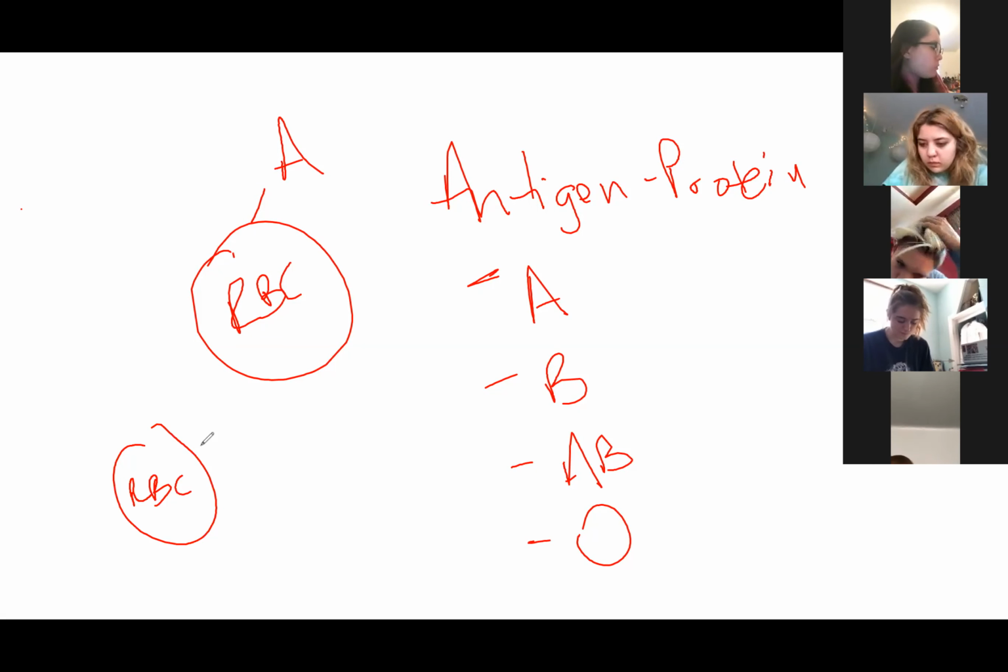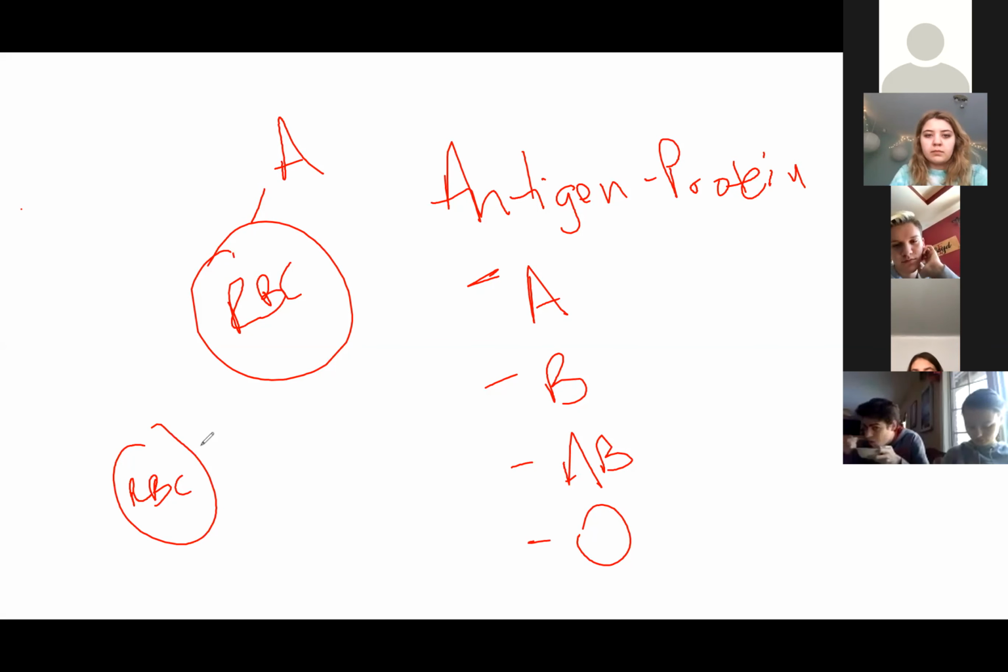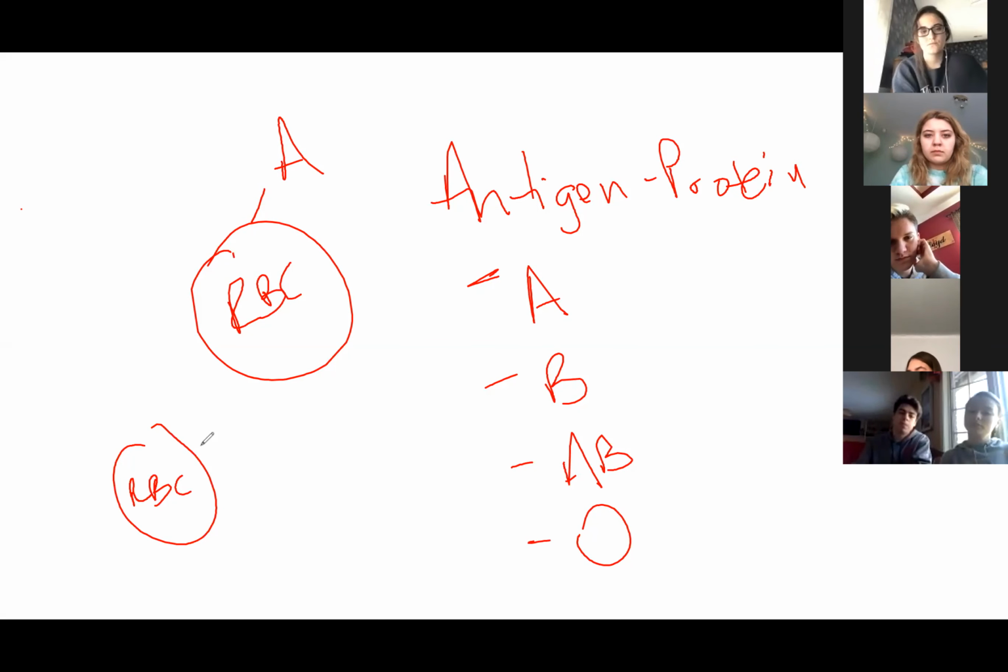So when you give type O blood, basically anyone can receive that because there are no antigens on it, and no one's immune system would recognize it as being foreign. But let's say something horrible happened to me at the hands of salty students, and I needed a blood transfusion, and they gave me type B. Well, I don't have any B antigens in my body.